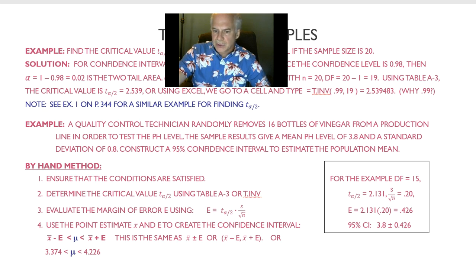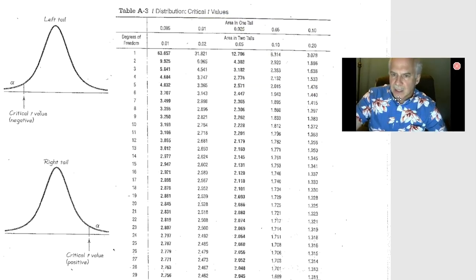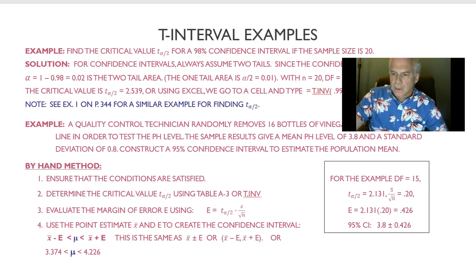So if we switch to the table again, a 95% confidence interval would mean your alpha was 0.05 and the area in two tails, and then you just follow it down to row 15. Row 15 gives a t-score of 2.131. All right, so that's where 2.131 comes from.